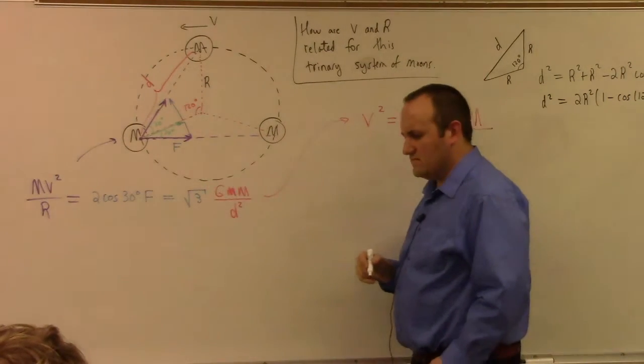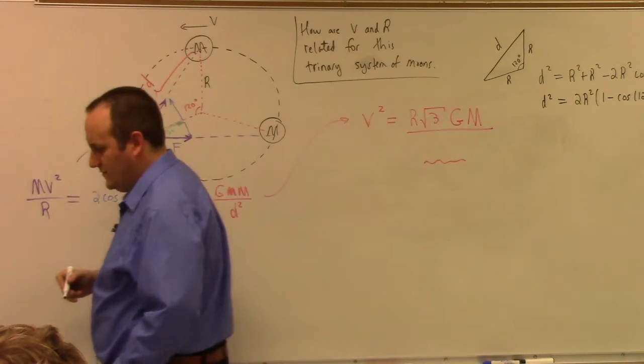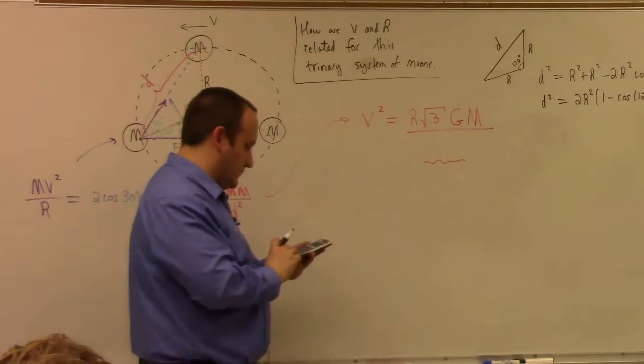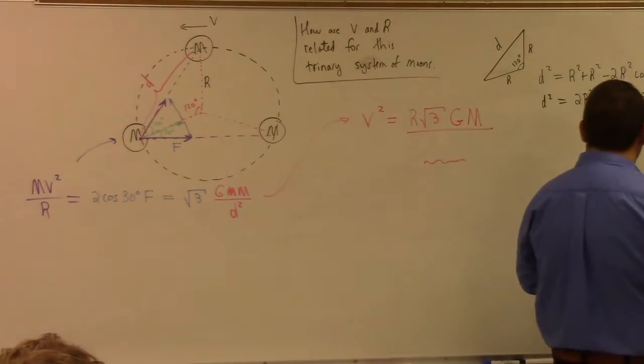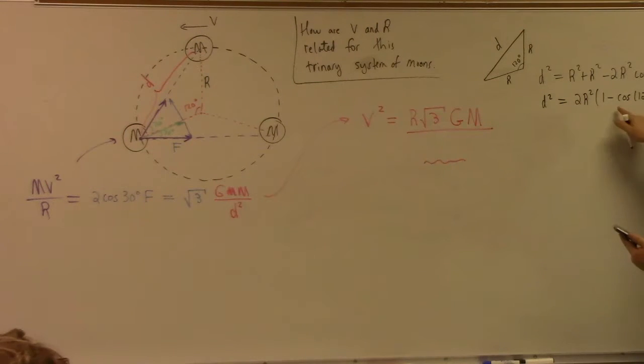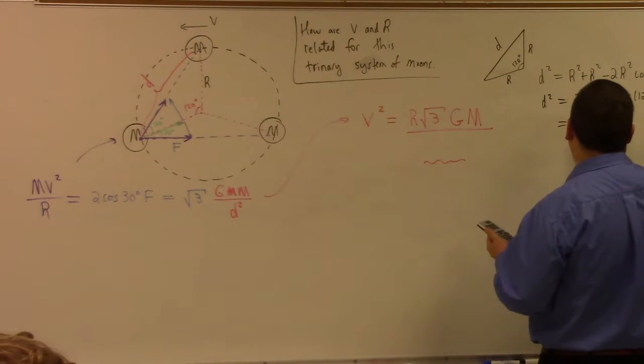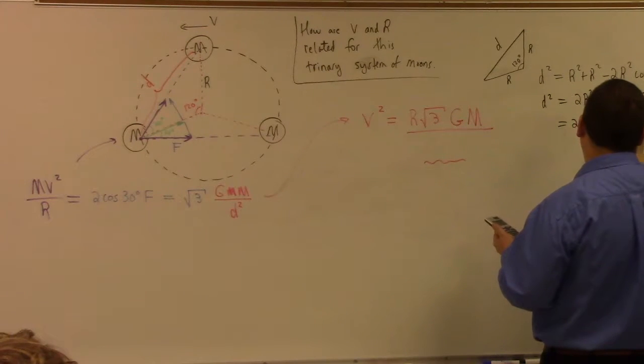I should know that. For shame. You guys tell me. Oh, cosine of 120 is minus a half, so this is 3 halves, if I didn't do that wrong.